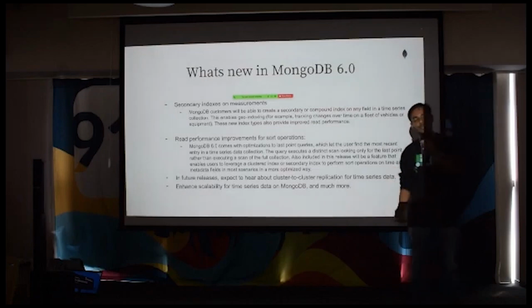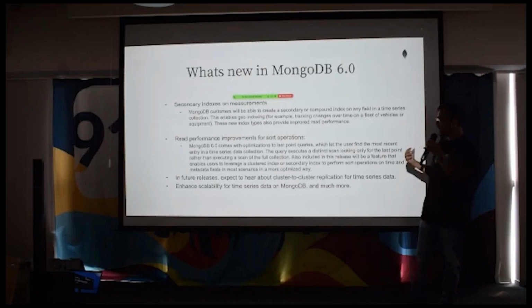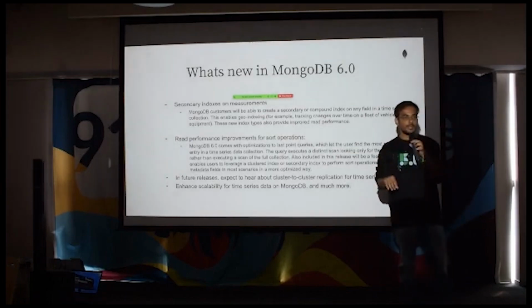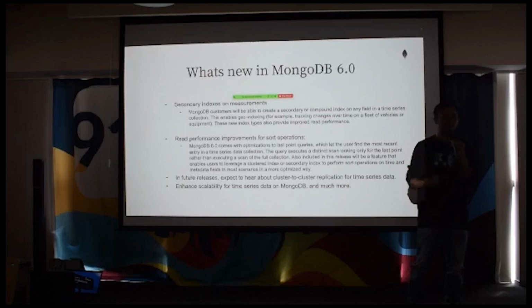That is based on particular benchmarking, and a lot of further improvements were made, especially for the sort operation, because by default it will be sorted based on the meta field, right? Because each meta will have different buckets.